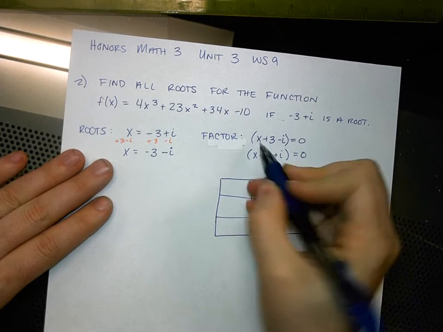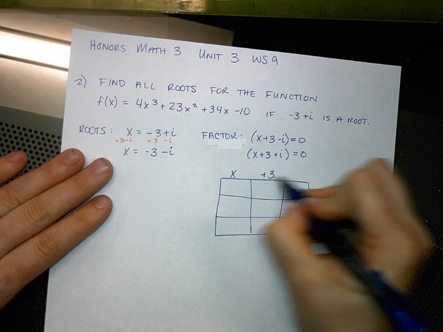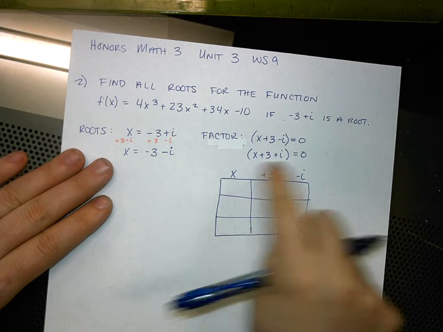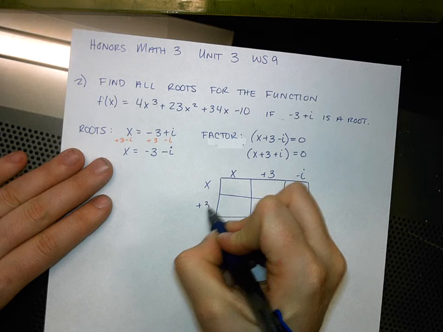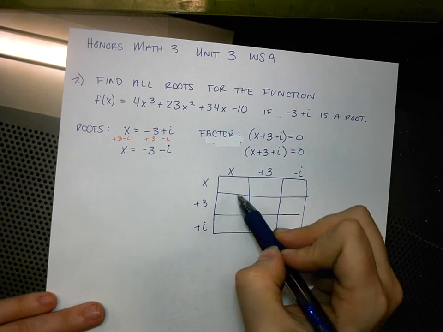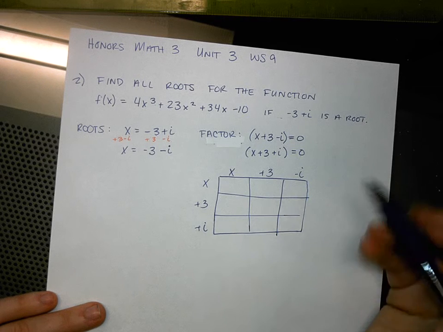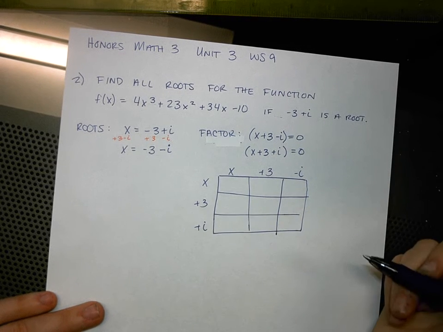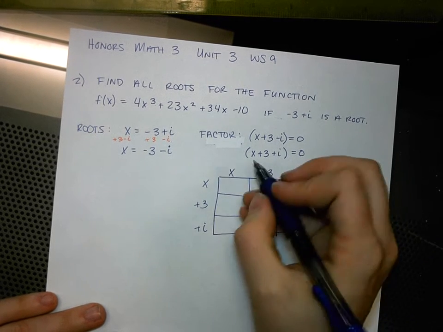So I'm going to multiply x plus 3 minus i, and I'm going to multiply it by x plus 3 plus i. So you're just multiplying base times height for each of these rectangles, which gives you the area inside each rectangle, and then you'll combine like terms at the end.